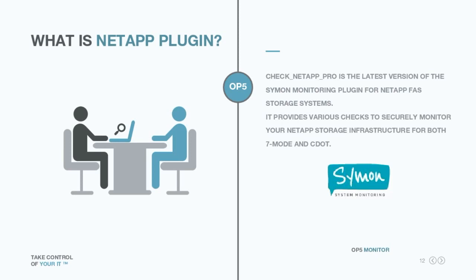So you can check those metrics from your storage systems securely, and as it says, it's used for both 7 mode and C dot. As you know, there are other products like E-Series, SolidFire, AltaVault, and other things, but as they run a different operating system, this plugin is not suitable for those.